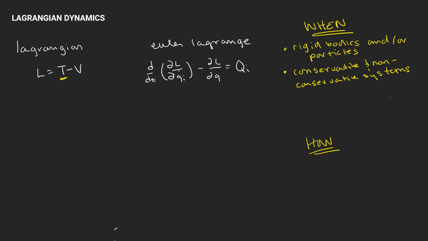And then non-conservative is when you have non-conservative forces that do work in the system. And a special case is that when you have a conservative system, you can actually just set your generalized forces, so your Q sub i's, equal to 0.